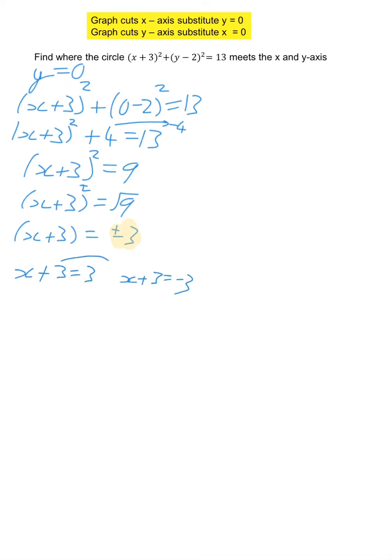So bring 3 to the other side here, it would be minus 3. So that means x is equal to 3 minus 3, which is 0. The other one then, bring the 3 to the other side, again minus 3. So minus 3 minus 3, x is equal to minus 6.